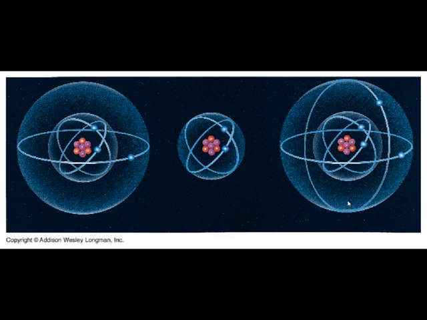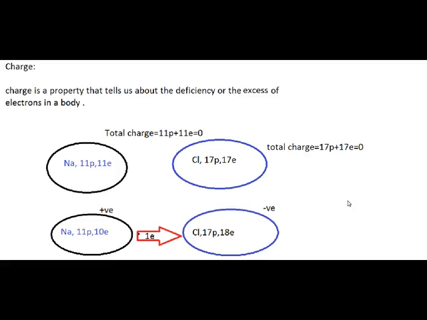Hence, we can increase or decrease the number of electrons. The positive charges at the center are difficult to remove, or to increase or decrease in number. Therefore, we say that charge is a property that tells about the deficiency or the excess of electrons in a body.